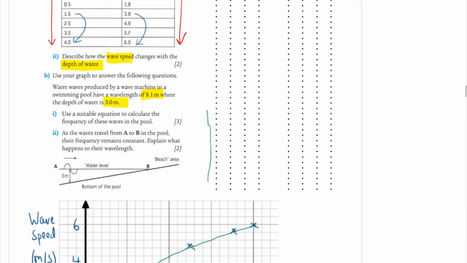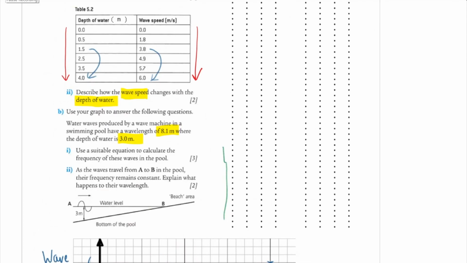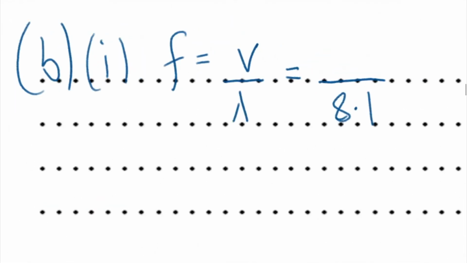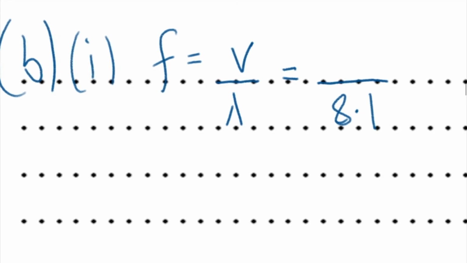Now, to work out the frequency, we use the equation v over lambda, speed over wavelength. We've been given a wavelength of 8.1, so we can write that in, but we don't know the speed yet.